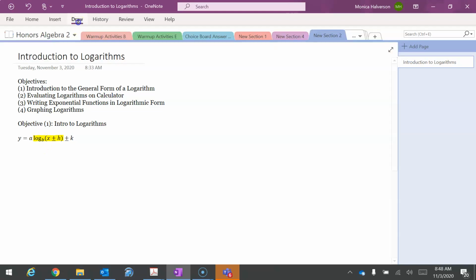Well, the first thing I want to draw your attention to is b. And b stands for the same thing it stood for when we were introduced to exponential functions. It's the base. And it follows the same rules. Okay, b cannot equal 0, it cannot equal 1, and it cannot be less than 0. It follows exactly the same rules. Now, the quantity x plus or minus h is known as the logarithmic number.